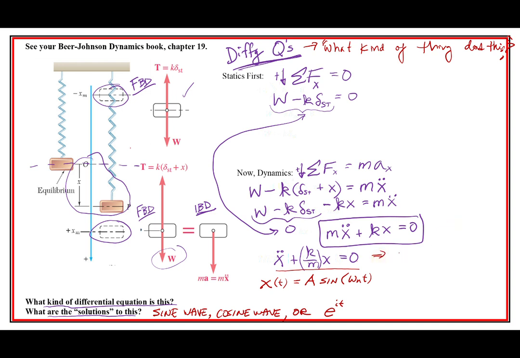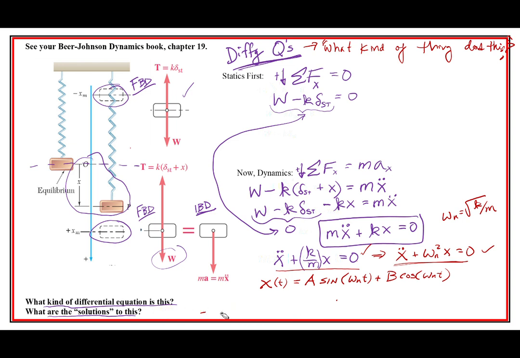That this can also be written as x double dot plus omega n squared x equals 0, because we remember that omega n is equal to the square root of k over m, right? So we'll solve this guy instead of solving this guy and put m in there. And we can have plus b cosine of omega n t, right? So that's one solution to this thing, and I'm running out of room, so I'm going to erase this.